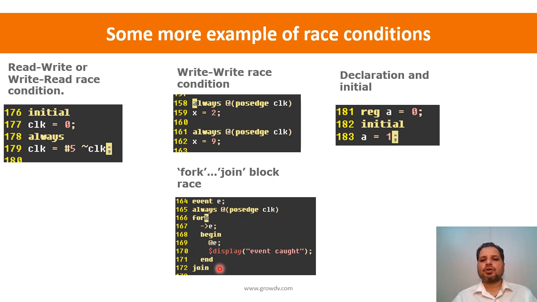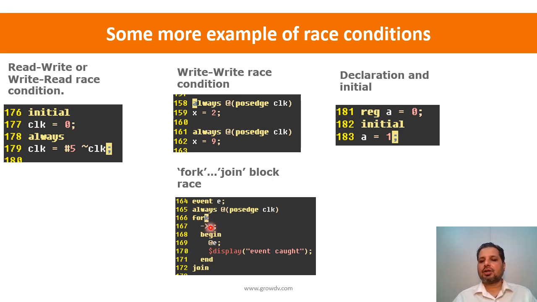And let's say fork join, where I have an event type of variable. At the passage of the clock, in 0 time, I am launching two threads, although there is no begin and end, it is still a block. I'm triggering the event and I'm trying to capture the same event. Depending on which thread gets scheduled first, that is indeterministic.